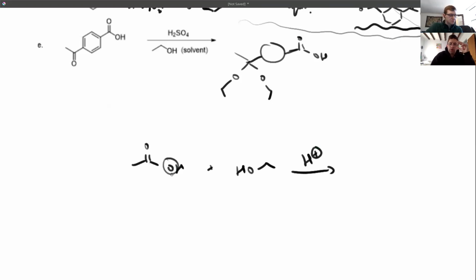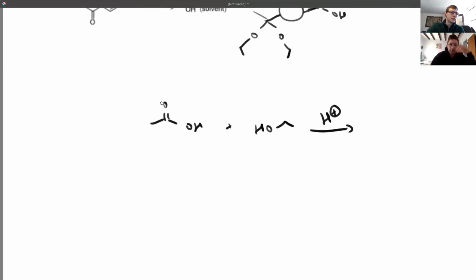Or would it be more likely that the carbonyl oxygen, this one up at the top, will attack a proton? And that will lead. But now I'm curious because where my mind's going is where we were a second ago, where we just have 3 alcohols somehow attached. Yeah, that's actually a good thing to think about.